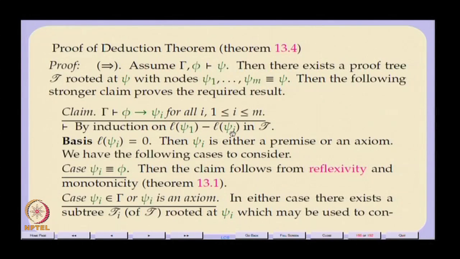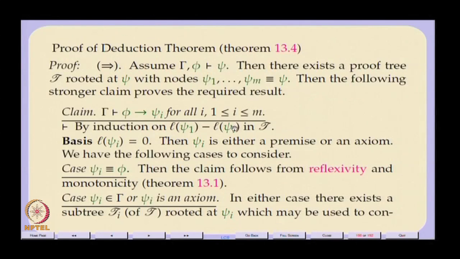Each of these psi I's has some level, which is given by the level of psi 1 minus its level. So I do this induction, and this is my measure of induction, precisely because I am using an upside down proof tree.